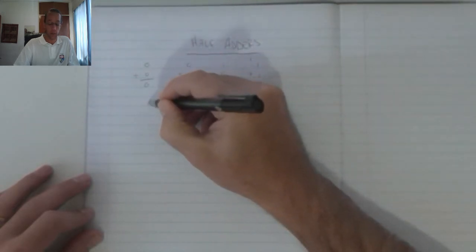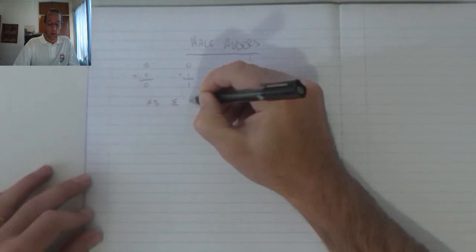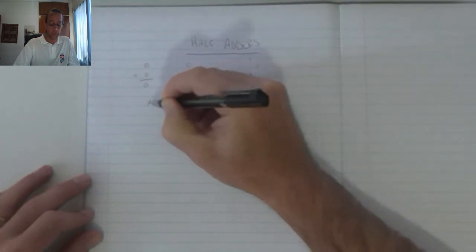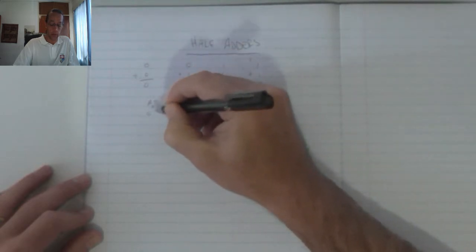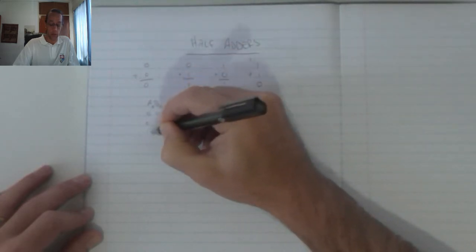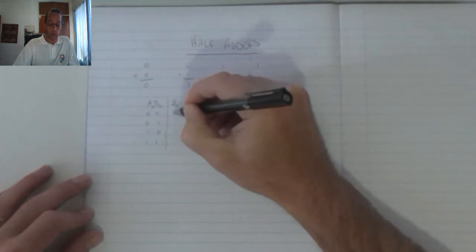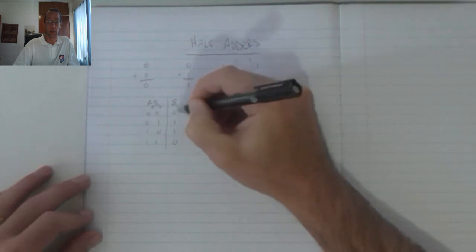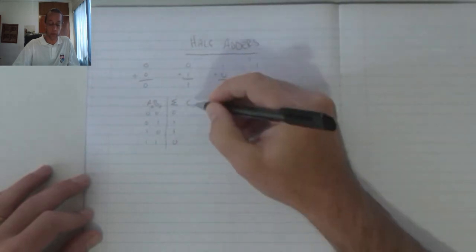Now if we put this into a truth table, and the carry over, let's label those zeros. If we've got 0, 0, 0, 1, 1, 0, 1, 1 and we add them together, we will see that we get an exclusive OR for the sum because it's looking for an uneven number of ones.